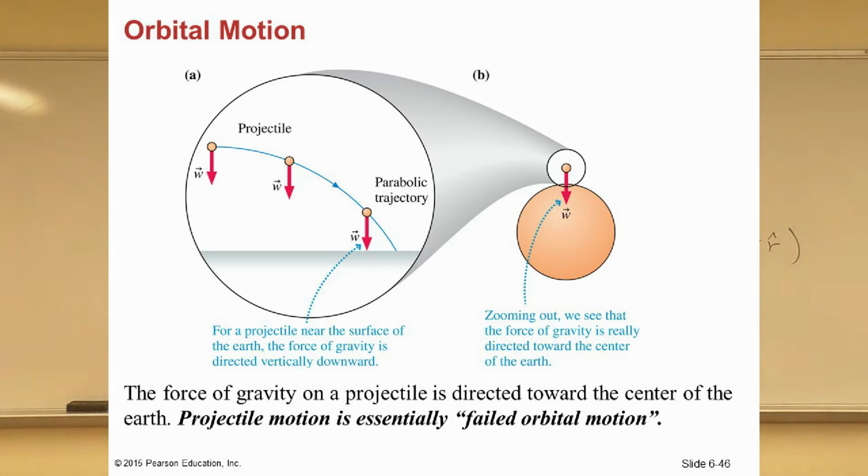If we zoom out, what we're really seeing is that the force due to gravity points towards the center of the Earth, regardless of where we are, okay? So we talk about projectile motion as failed orbital motion. That's an okay place to start. But what happens if we launch it with sufficient speed, okay?